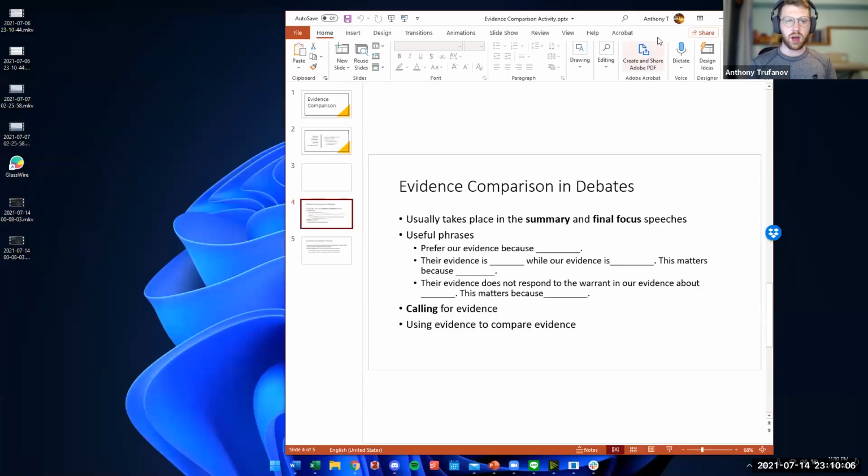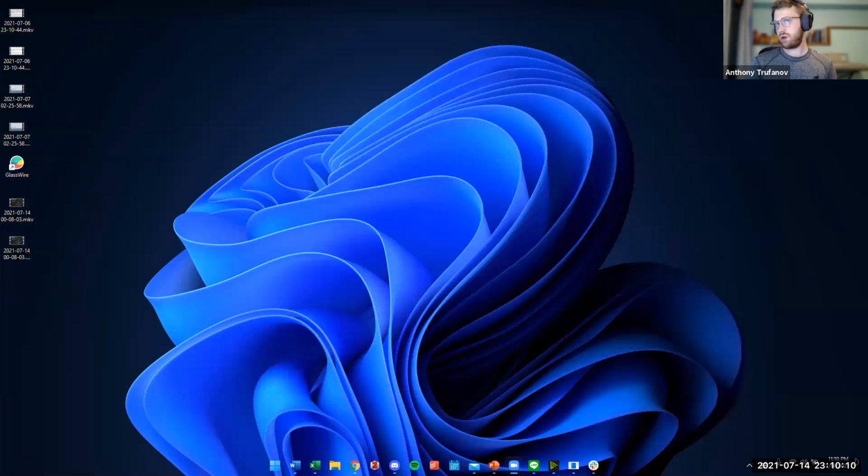So I want to do an activity with you to practice this. So what we're going to do is, if you click on the breakout rooms button, you should see a list of different breakout rooms.